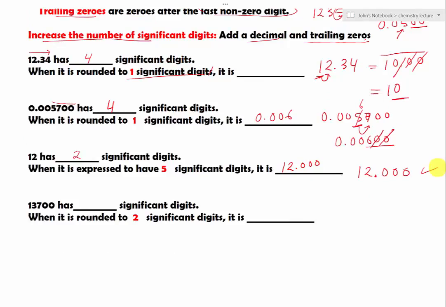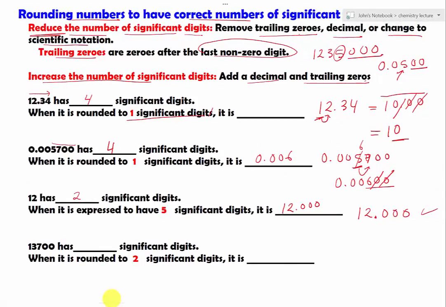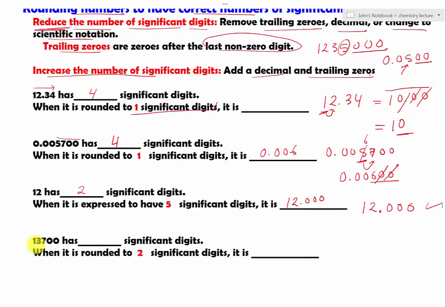So let's try one of the hardest types of problems that you will see, where you have to change to scientific notation before you can even do anything. So let's look right here. We have 13700, okay? And that gives us 3 significant digits. When it is rounded to 2 significant digits, what is it?